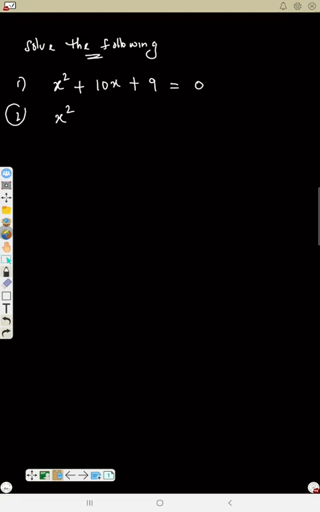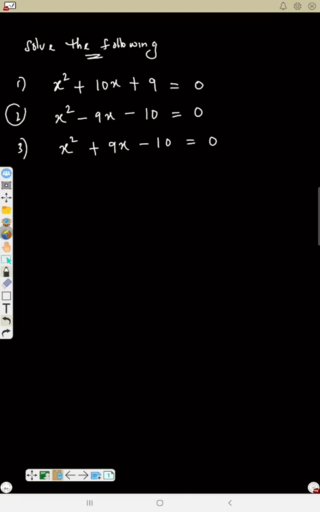Let me reverse it. Let me say x squared minus 9x minus 10 equals 0. So we've solved the one with minus minus also. Let's say number 3, x squared plus 9x minus 10 equals 0.